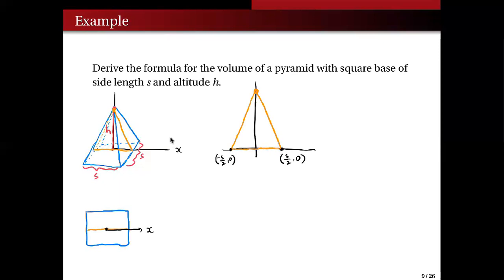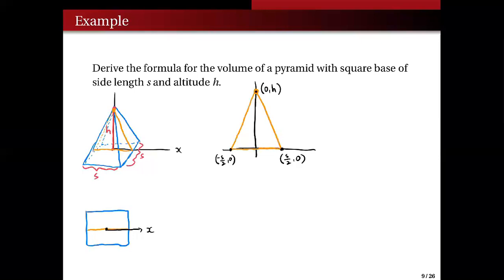At the bottom, the side length is equal to s. And this point here is the point 0, comma h.